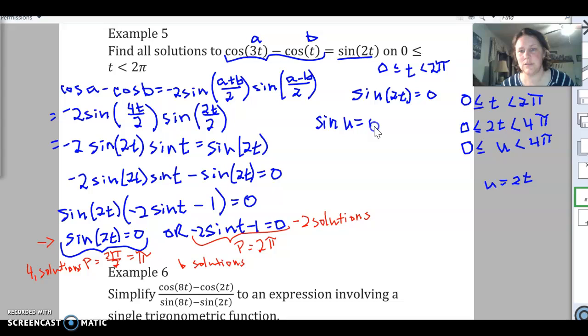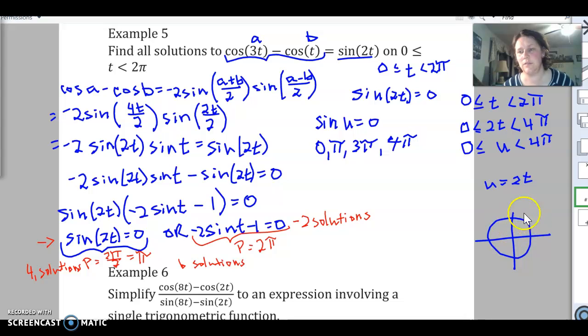So I'm going to take sine of u equals 0. Let's look at a unit circle. Where is sine equal to 0? Well, that's going to be at 0, pi, 2 pi, 3 pi, and 4 pi.